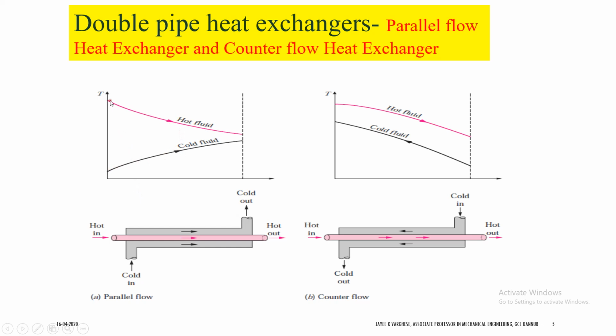So hot fluid temperature decreases and it exits at a lower temperature at the outlet, whereas the cold fluid which enters at a very low temperature receives heat from the hot fluid and leaves at a comparatively higher temperature. So this is typically the variation of temperatures of the hot fluid and cold fluid in parallel flow heat exchanger.